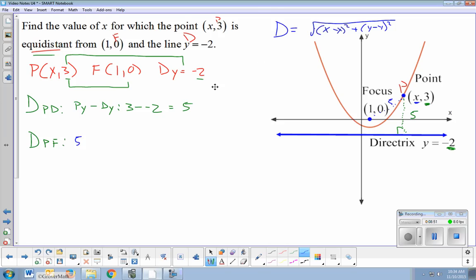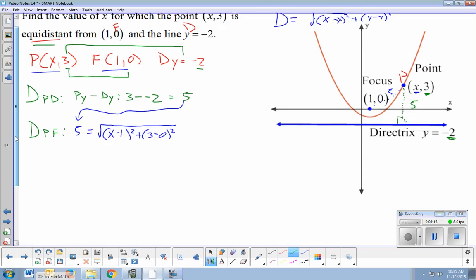But I'm not going to write d equals because I know what the distance is. The distance has to equal 5. That's why we get this number first, because I set that number equal to the distance formula for the point and the focus. Subtract the x's. That's going to be x minus 1 squared plus subtract the y's, 3 minus 0 squared.